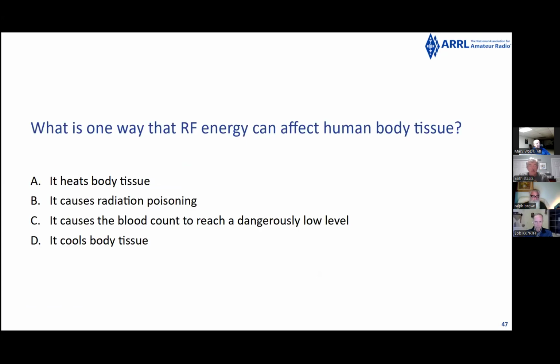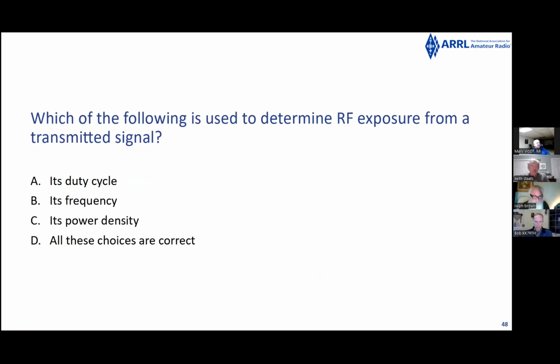Just like your microwave. Which of the following is used to determine RF exposure from a transmitted signal? Its duty cycle, its frequency, its power density. All these choices are correct. All of them are correct.